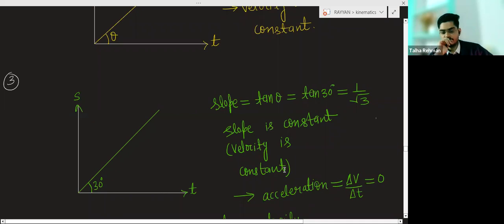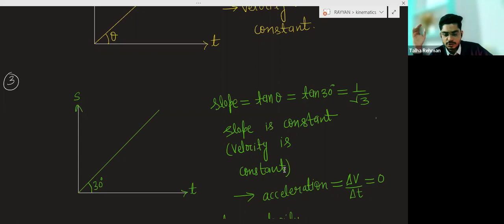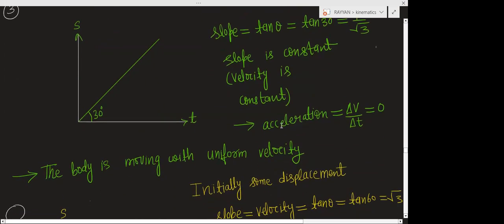And one more thing. If velocity is constant, then acceleration is zero, because acceleration is change in velocity divided by change in time. Velocity is constant means the change in velocity is zero. If the change in velocity is zero, acceleration is zero.